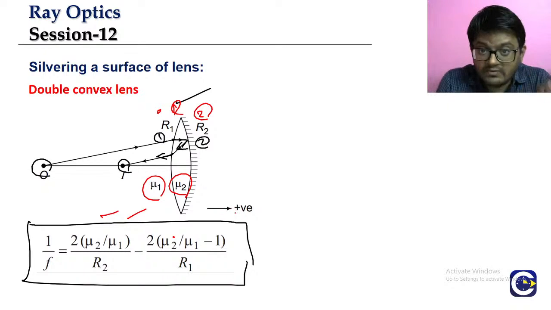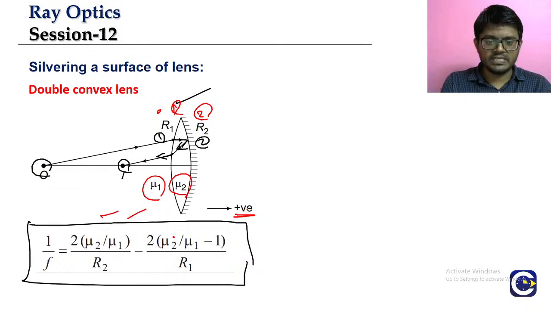Here, like we always do, R1, R2 values we have to substitute by following the sign convention. What is the sign convention? Anything we measure to the right is positive. Anything we measure to the left is negative.